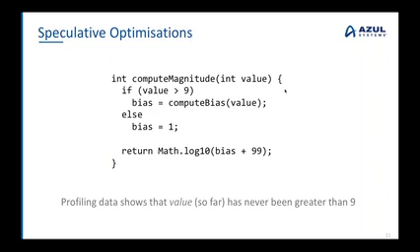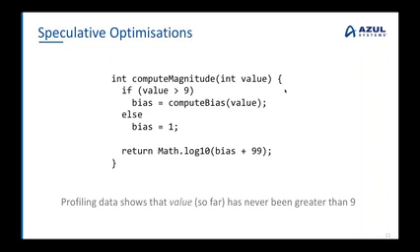If we run our application and we get to the point where we want to compile this method, the compiler looks at the profiling data, and that profiling data shows that so far, the value passed into computeMagnitude has never been greater than 9. So the bias has always been 1, and therefore we've returned the log base 10 of 100.